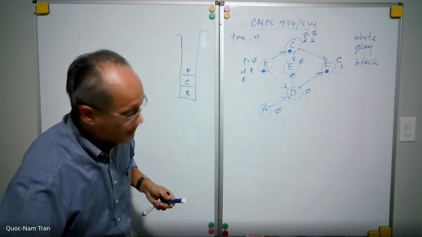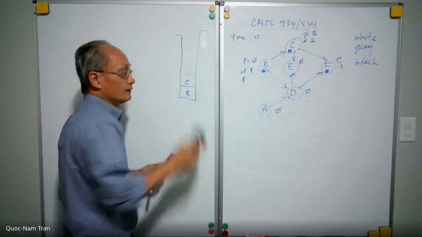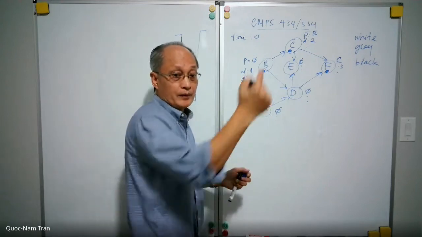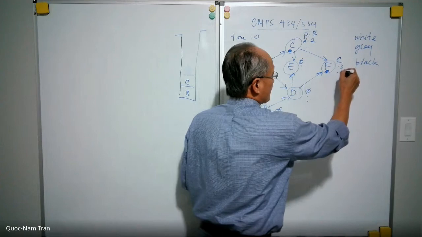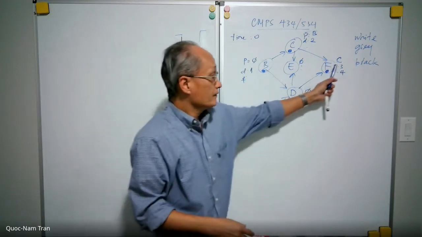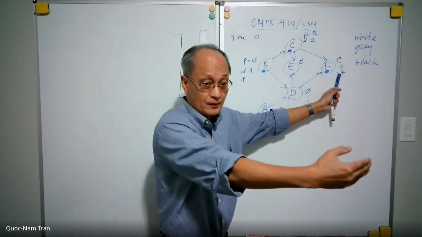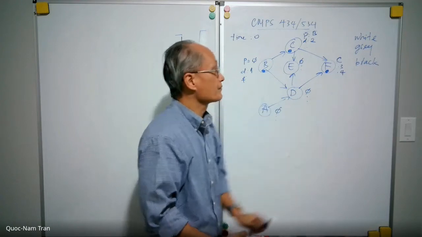It has none, so we will pop this one out, and at the same time, we say that we finish working and the finishing time is 4, because the discovery time here is 3, so the next step will be the timer 4.